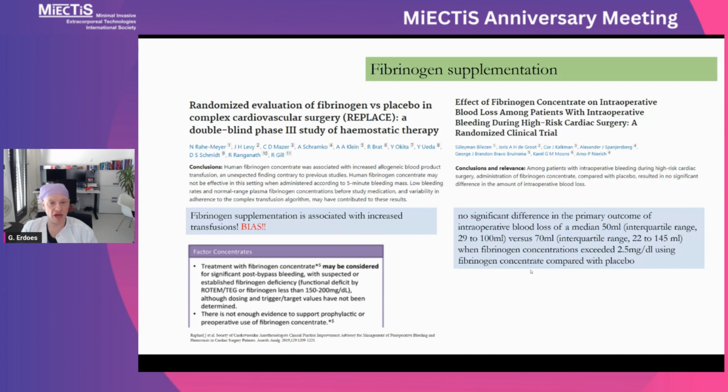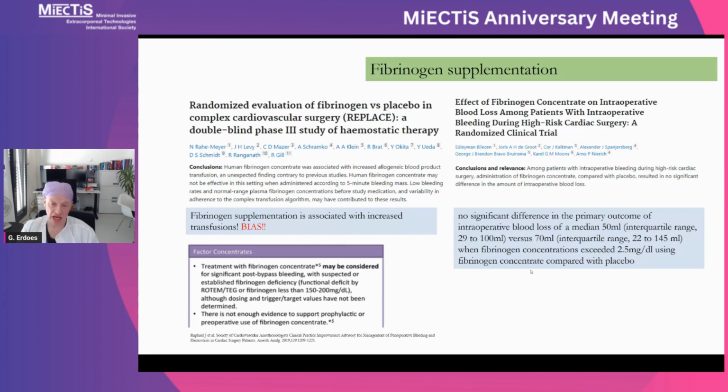We all know this REPLACE study, which was a multi-center study, showed that fibrinogen supplementation was associated with increased transfusions. But we all know, again, that this study was highly biased. It was a multi-center study, but only few transfusions were given, and different centers used different protocols, different algorithms.